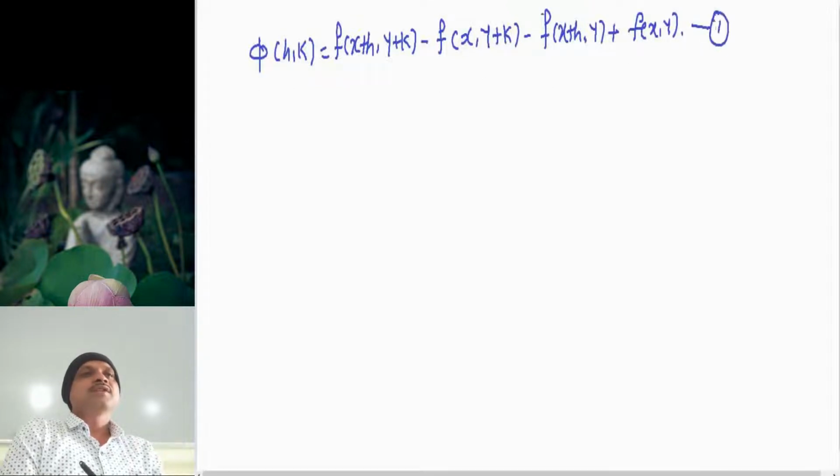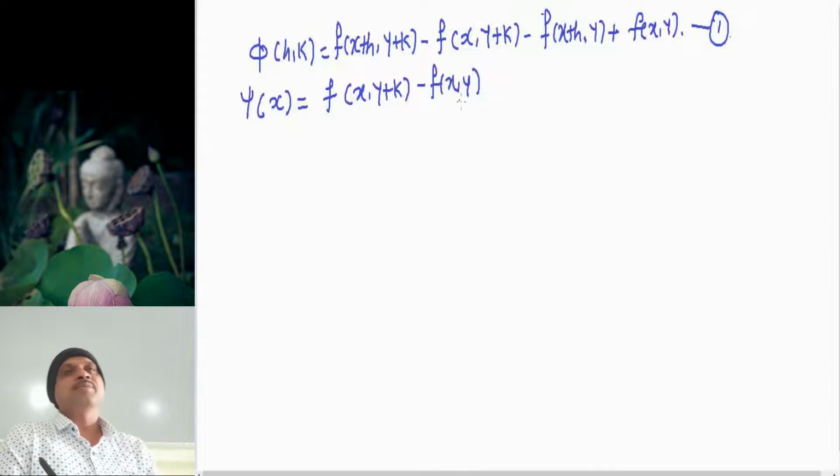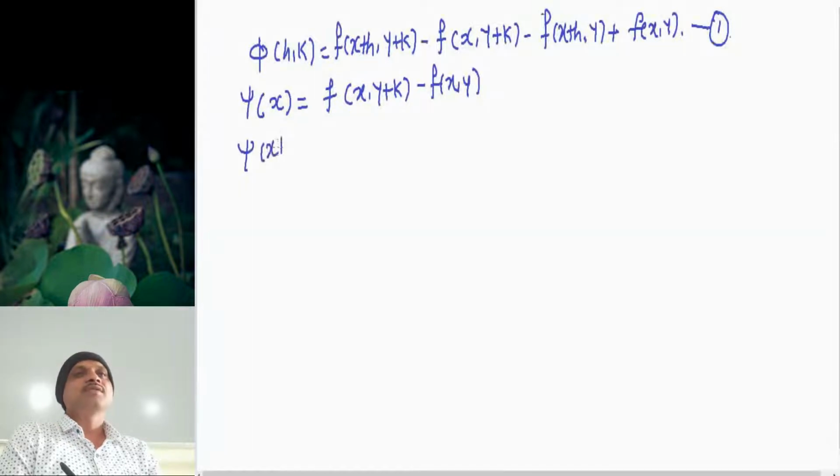Now consider the function psi(x). This is a function of x, and we define it as f(x, y+k) - f(x, y). Then psi(x+h) equal to f(x+h, y+k) - f(x+h, y).